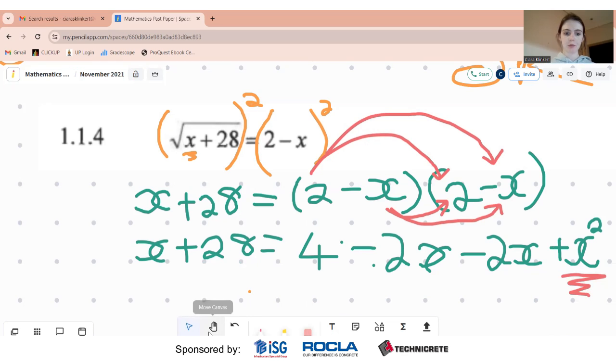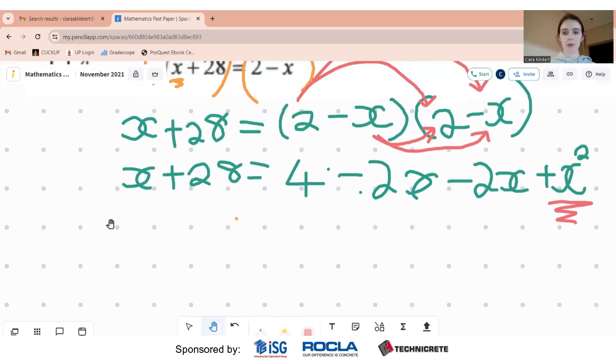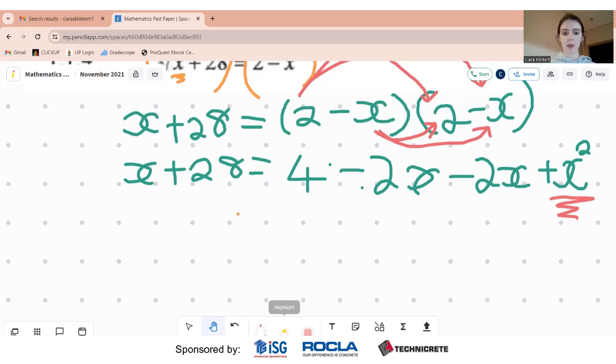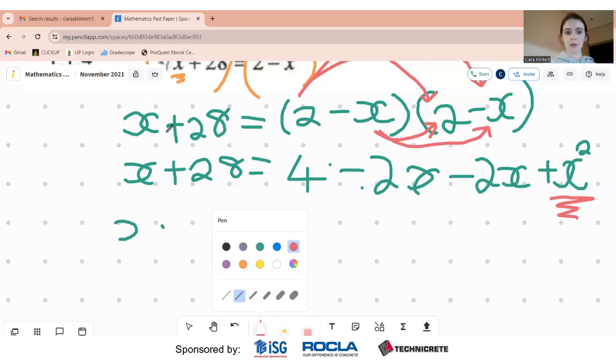Okay, so first thing I'm going to do is I want to bring all the terms over to one side. I'm going to take all of these terms here over to that side.